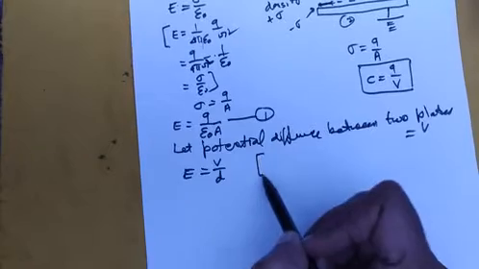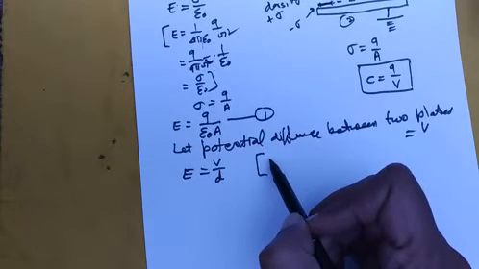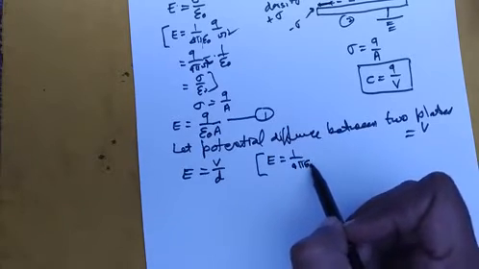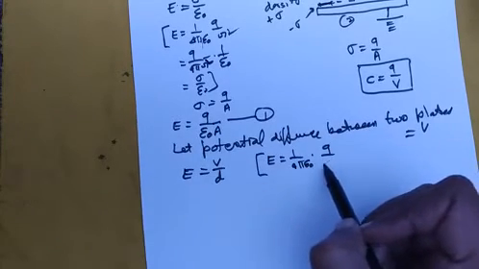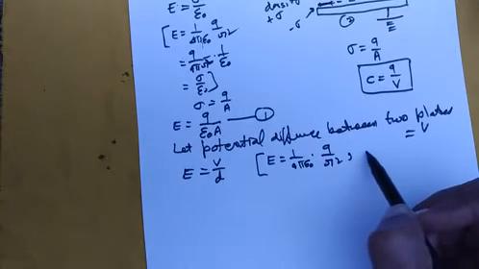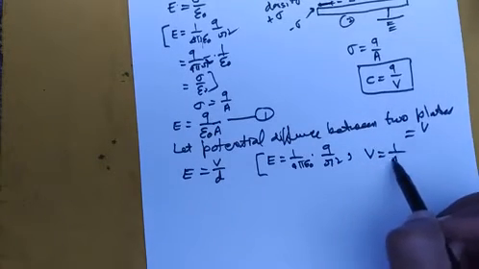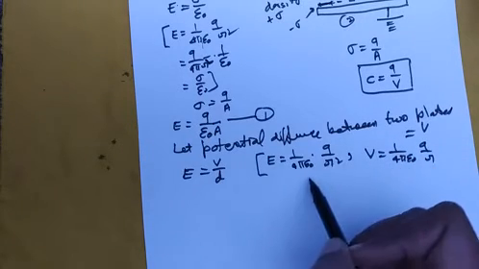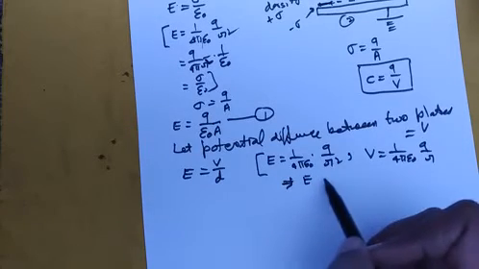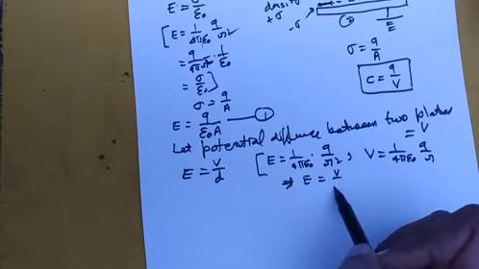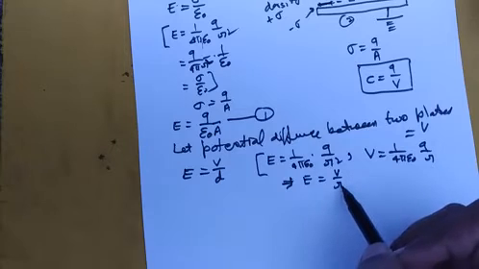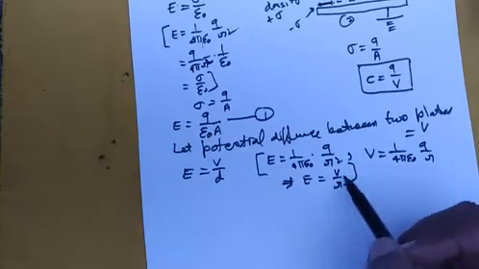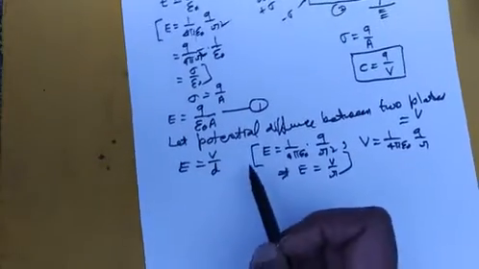Still, we can prove it. Again, using Coulomb's law, E is equal to 1 by 4 pi epsilon naught into Q by R square. और V का फार्मूला है V is equal to 1 by 4 pi epsilon naught Q by R. Using these two, we will get E is equal to V by R. Okay. Here in place of R, we have kept D, the distance between two plates. So इसका भी proof आ गया.